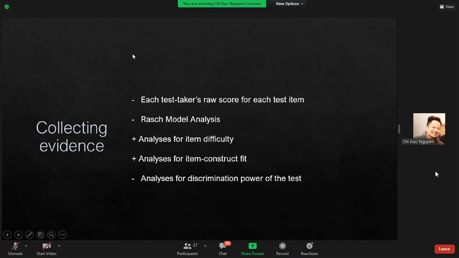The first thing that we need to do is observe every raw score for 8 test items from every single student. After that, we need to put these raw scores into some kind of computational model. In this case, I use Rasch model analysis.